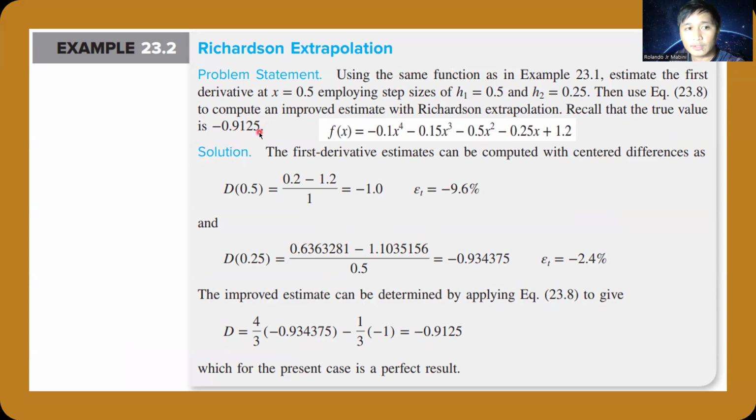Actually, this is solved in example 23.1 using the high accuracy differentiation formulas that I have shown earlier. So this is the same with the high accuracy. Richardson extrapolation is one of the methods in estimating.